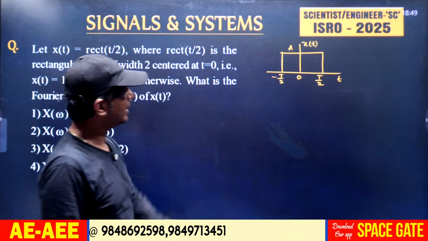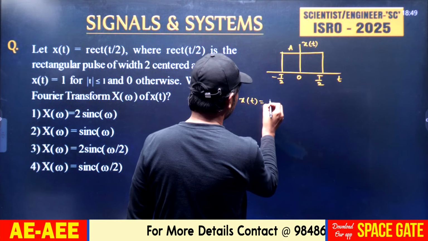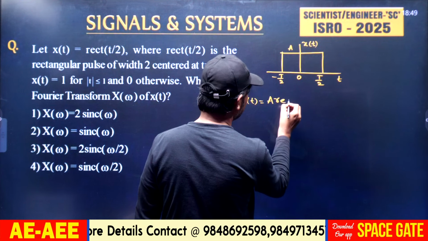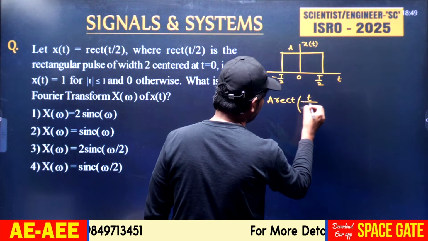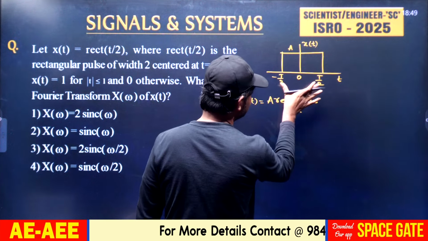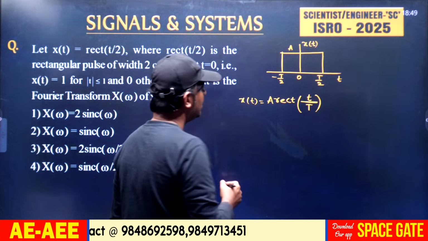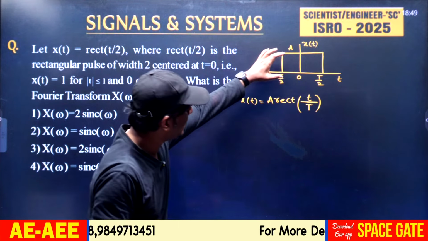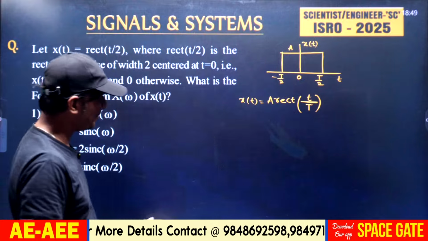See, this rectangular pulse can be represented as, what is the amplitude? A. What is the name? Rectangular, in short rect. What is the independent variable? t. And what is the overall duration for which this pulse exists? Minus T by 2 to T by 2, means capital T. So the representation of this rectangular pulse can be given like this: A rect of t by capital T, right?